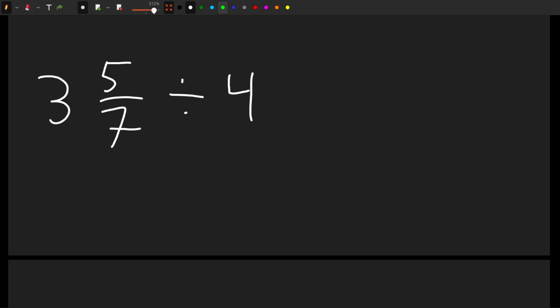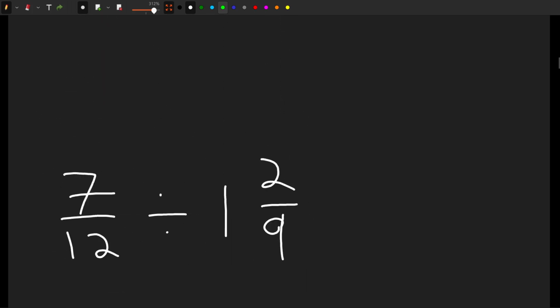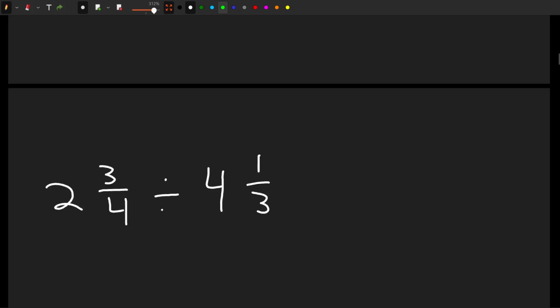And then for the final example, put it right here, we'll have 3 5/7 divided by 4 9/14, I believe. Yes, 4 9/14. Okay, so I'll go ahead and work my way back up, and then we'll start with the first example.